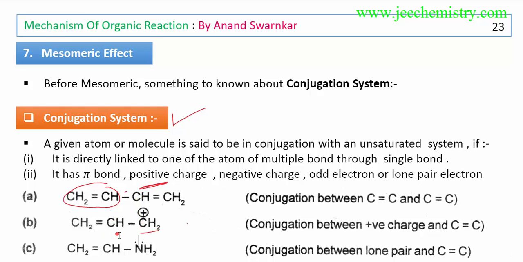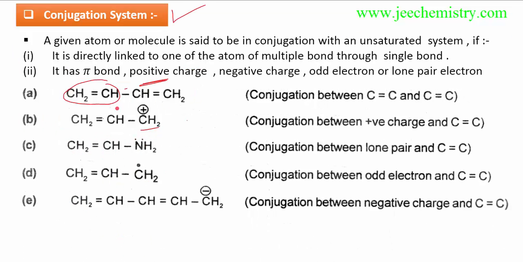This is a multiple bond, and this is a multiple bond. It is directly linked through a single bond to a multiple bond group, or a positive charge, or a lone pair, or free radicals, or multiple bonds. This whole can be considered a multiple bond with a negative charge.